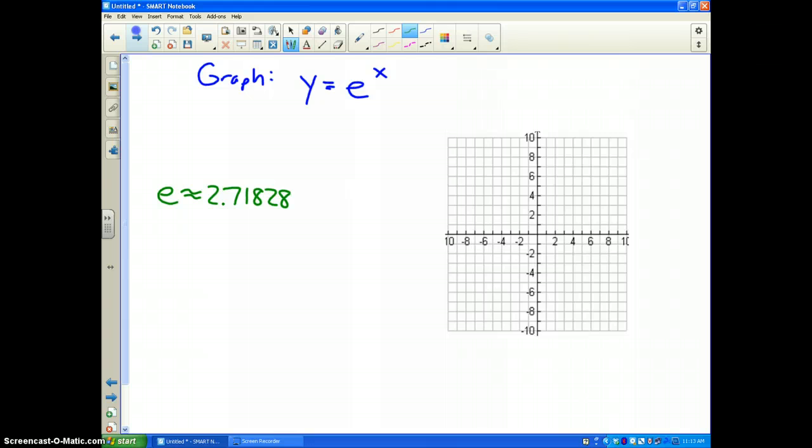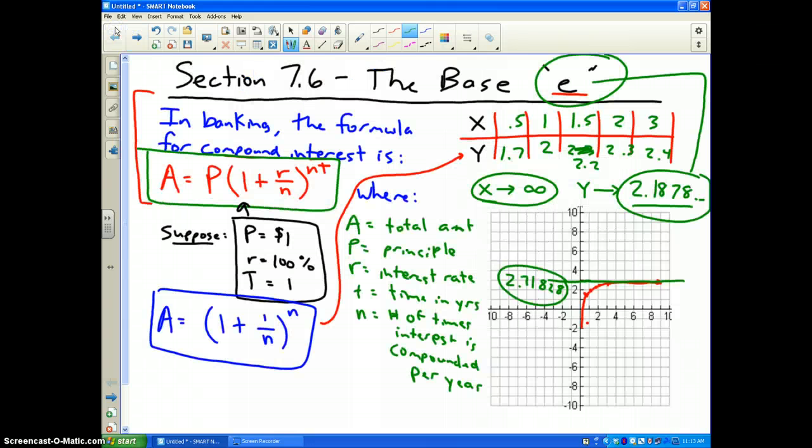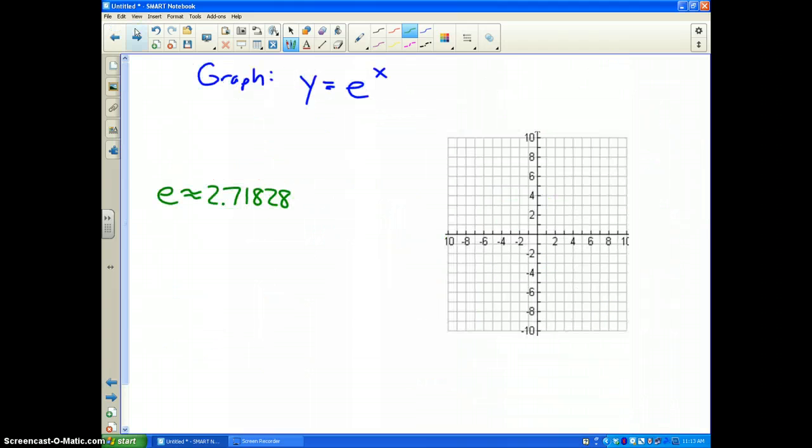I think I have that wrong on the prior slide. I'm going to go back here. Yes, I do. This is 2.71828. Sorry, I'm going to go back. That's a number you need to memorize. It also has a button on your calculator for E.